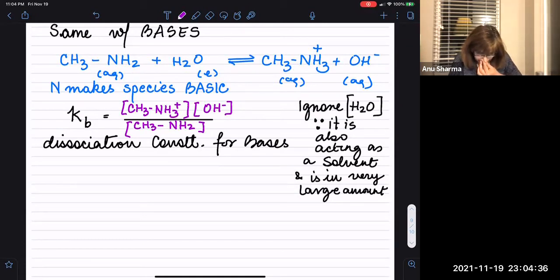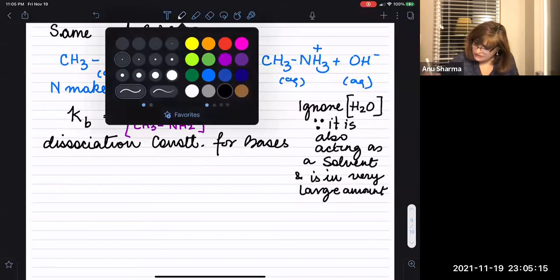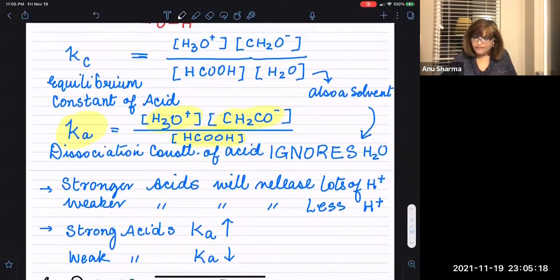I don't have examples for the bases here, but it's the same thing: just like you have the acid dissociation constant, you will also be given the base one, and the same math applies. Okay, now comes the next thing, the dissociation constant of water.